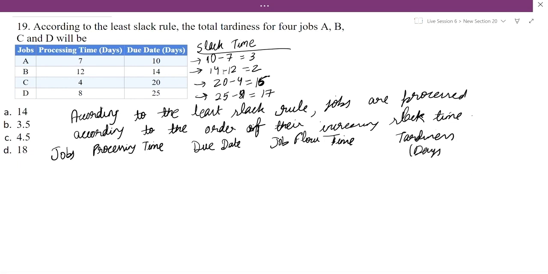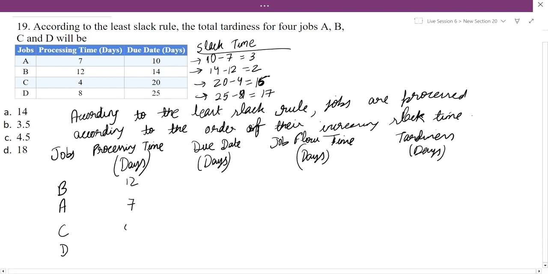All are in days. Now the least slack time is for job B, so we will put job B first. Next is job A. Next is job C. Next is job D. So accordingly we will fill the corresponding data for all.